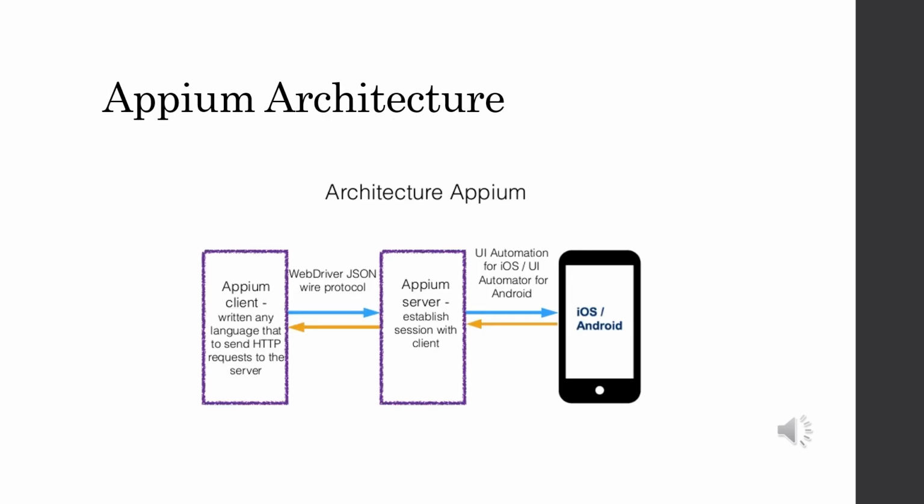The Appium architecture includes the Appium client, so we can write a program in any language which communicates with HTTP requests to the server. The JSON wire protocol is responsible for transferring the client code to the Appium server. We establish a session with the client, and it uses UI Automation for iOS and UI Automator for Android to run the same application code on iOS and Android applications.